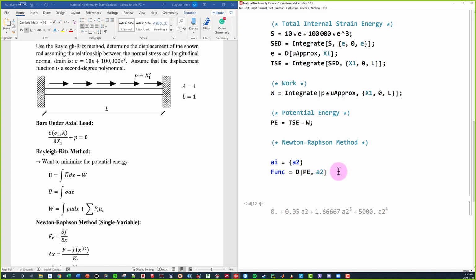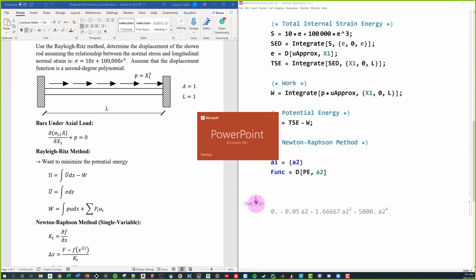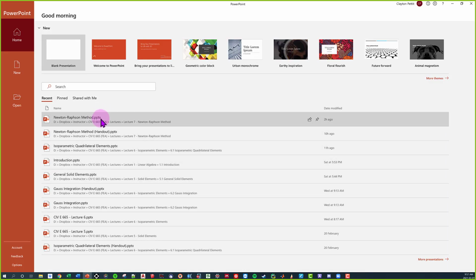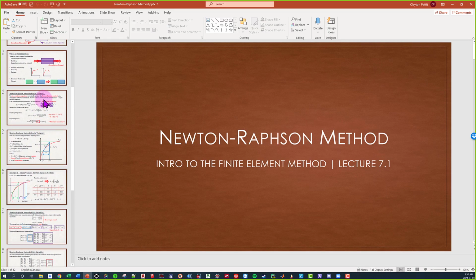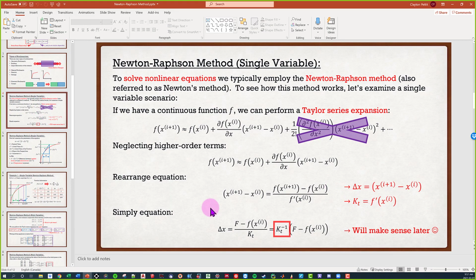Before we go into the iterations, we actually have to define something. What is something we need to solve for that delta x that we have not defined yet? Let me see, did I leave the PowerPoint open? Oh, I did not. Let me pull it up. You guys can answer in chat. This is a single variable case. So what is the one thing in this equation that we don't know yet?